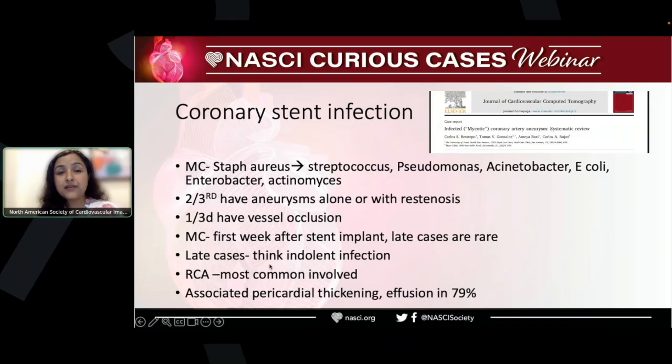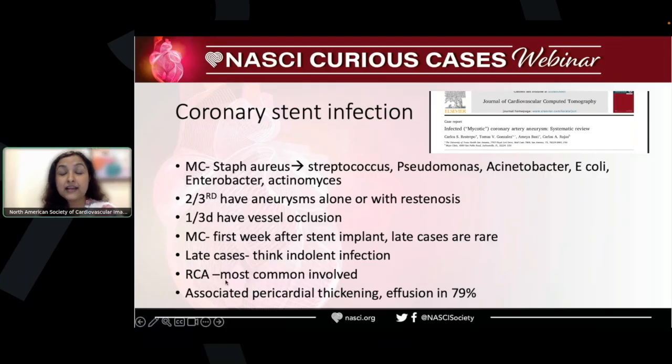Whenever patients present very late, say 6 months down the line, think indolent infections, because these definitely progress slower, but when they progress, they have a very aggressive presentation at follow up. In our case, looking back in time, when we saw the initial CT, there was mild haze around the stent area, which could prompt early picking of this particular disorder.